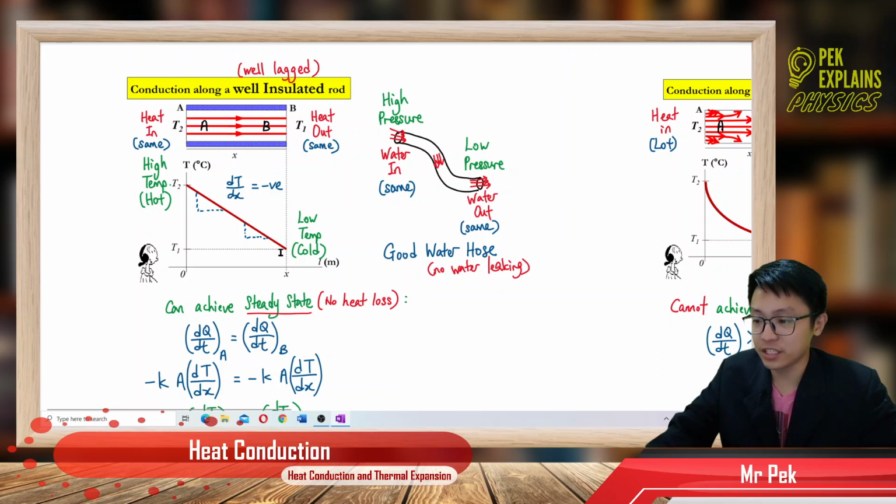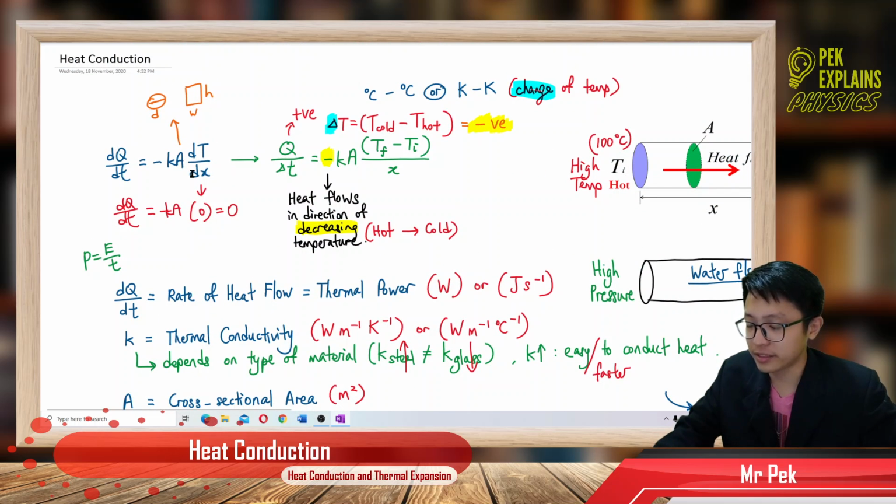So this graph also gives you the temperature gradient. The gradient of this graph is the temperature gradient. And all this while we are saying that this temperature gradient is negative. Because we are using the cold minus hot temperature, we get the change of temperature negative.